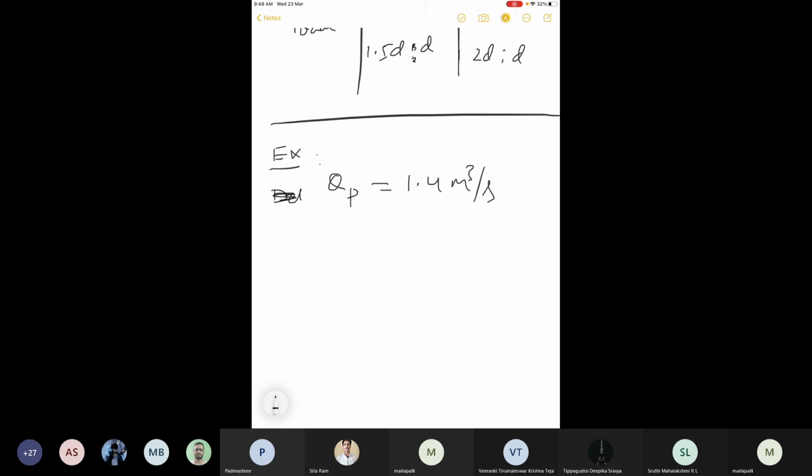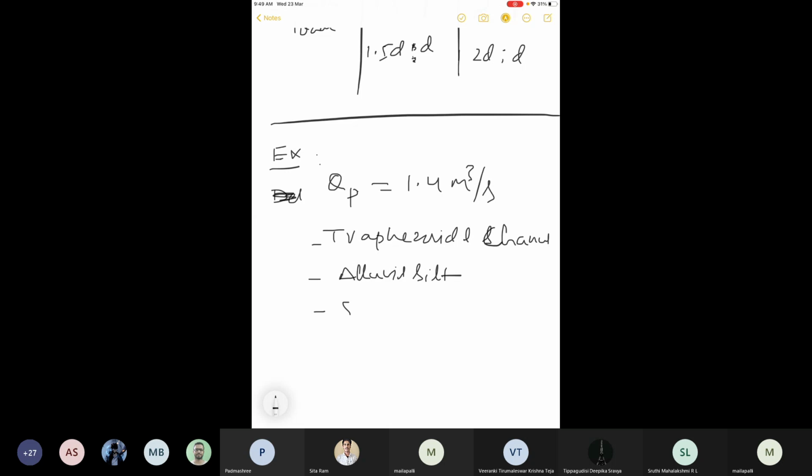If it is not given, you need to estimate it using the procedure we explained in the previous class. Then the channel type is trapezoidal channel, and the soil type is alluvial silt.